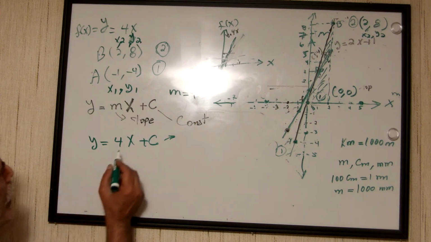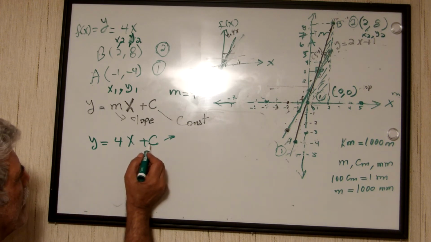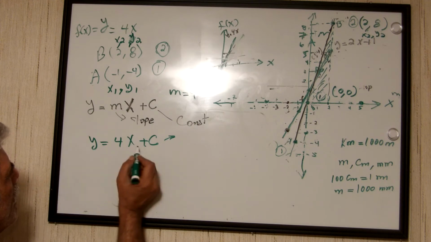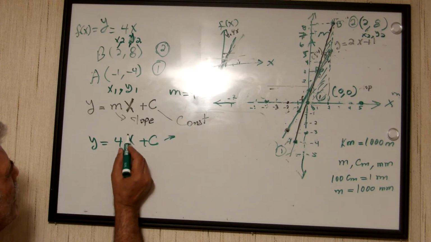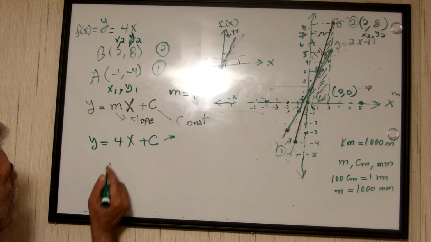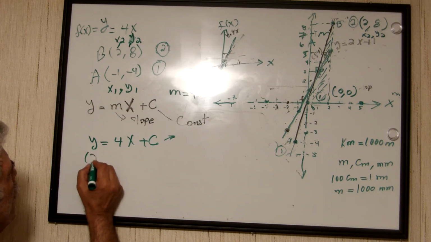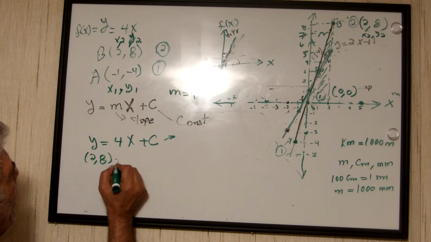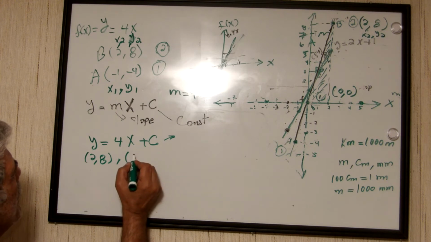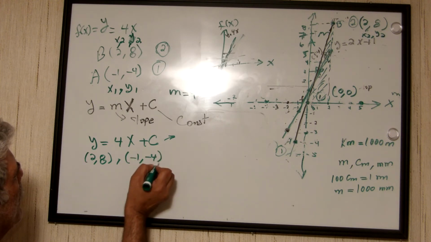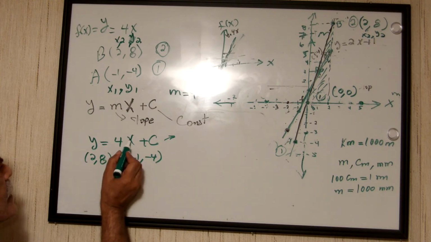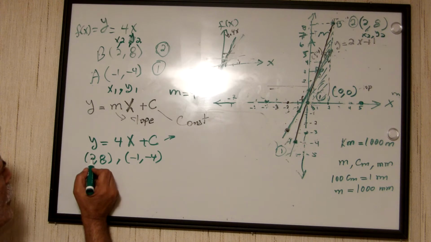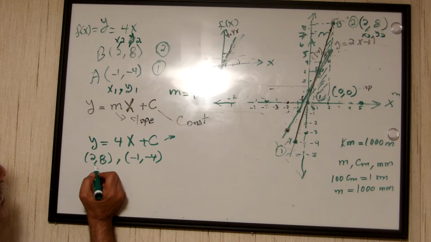What we do, we say, okay, this is the equation. We have one unknown here and one equation. We choose one of the points, no matter which point. We have 2 and 8, and the other point is minus 1, minus 4. The value for x is 2 and y is 8.